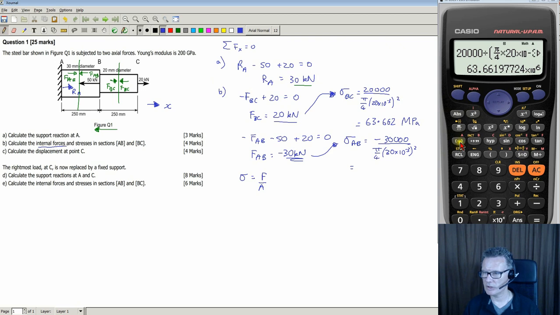Okay, and now let's do the next one, minus 30,000 divided by pi over 4 times 30 times 10 to the minus 3, square it.